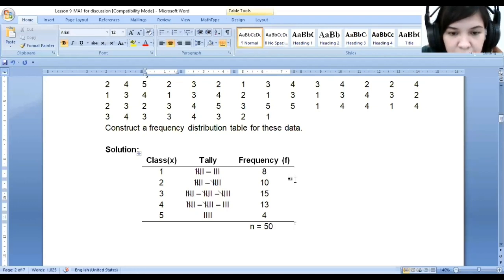Then afterwards, 10 respondents enrolled 2 classes. Then 8 respondents enrolled 1 class. And only, the least among 5 classes, only 4 students enrolled 5 classes.